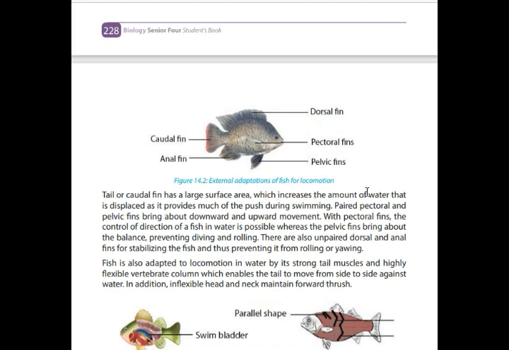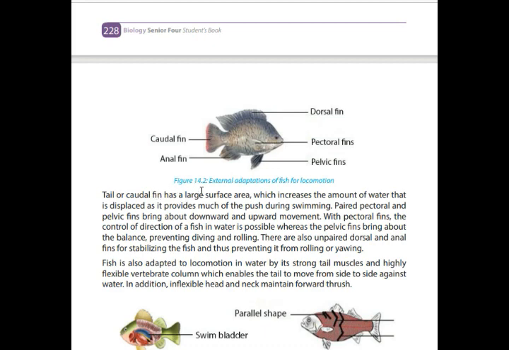Pair of pectoral and pelvic fins brings about downward and upward movement. Yes, pectoral fins bring about downward and upward movement.